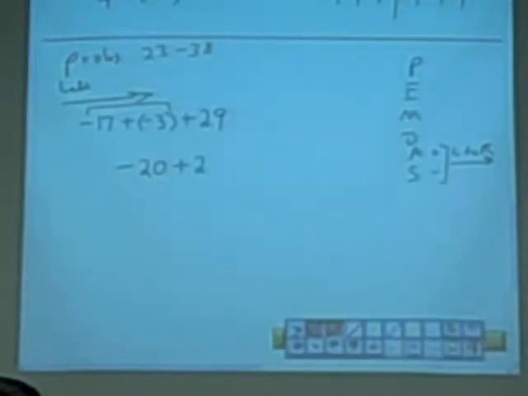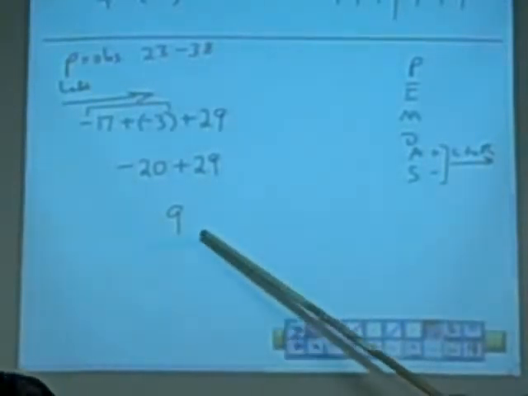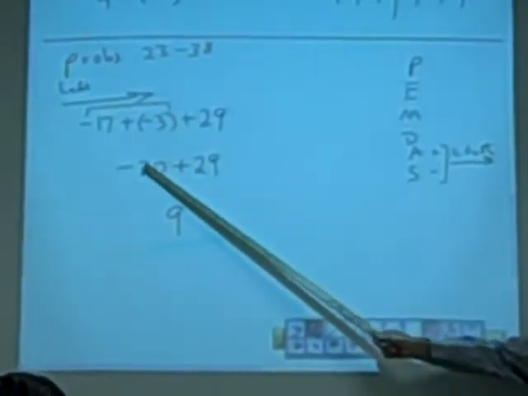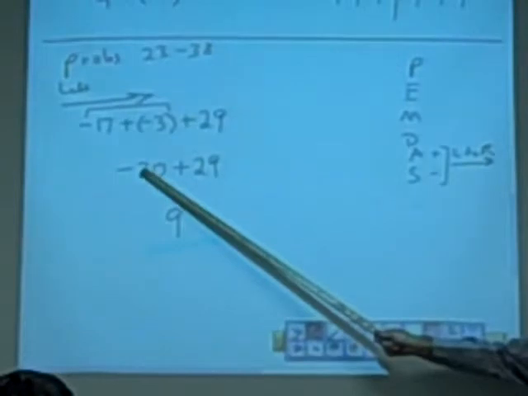And then plus 29. Now we're doing what? Adding or subtracting? Now we're subtracting. We get a positive 9. So the thing that you have to watch with adding and subtracting integers is that one step you may be adding negatives, and another step you may be subtracting.